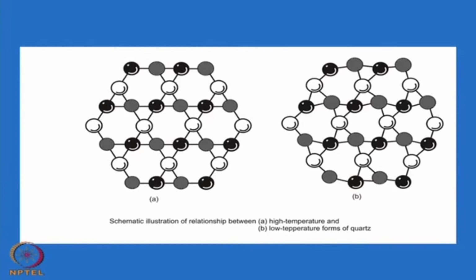That means a high temperature phase can be available at room temperature, because the kinetics is slow. By rapidly cooling it, you are not allowing enough time for the atoms to move, and therefore the high temperature phase can be available at room temperature or at lower temperature, although it is not a thermodynamically stable situation.